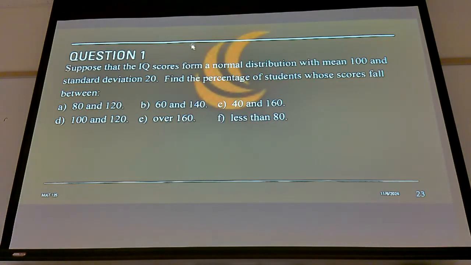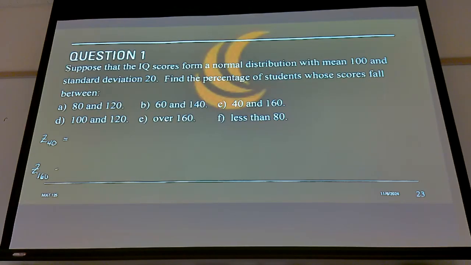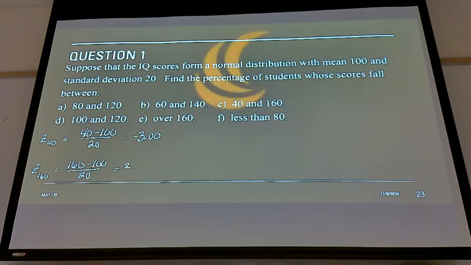Between 40 and 160. Again, we have to convert those two values to z-scores. 40 is negative 3.00. 160 is 3.00.